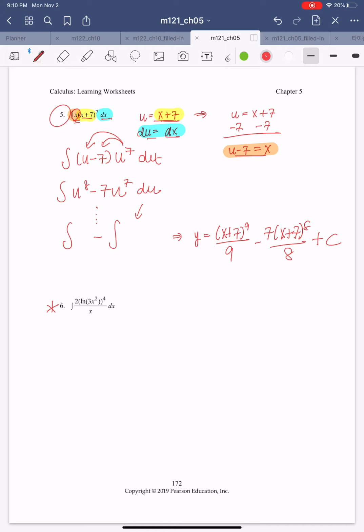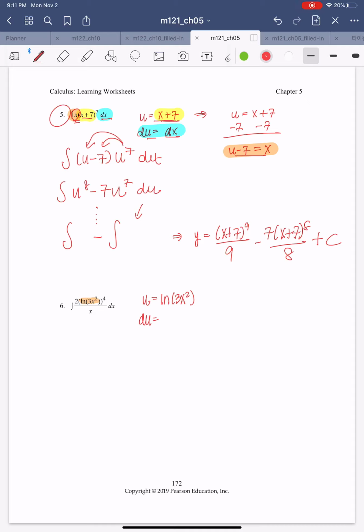Okay. Number 6. What will be a u that will work? Well, I see this messy thing here, inside of inside. So I'm going to let this whole thing be my u, because I see the 4th power, and inside you have ln of 3x squared. So if I do ln 3x squared, my du will be, how do you take the derivative? It's a chain rule.